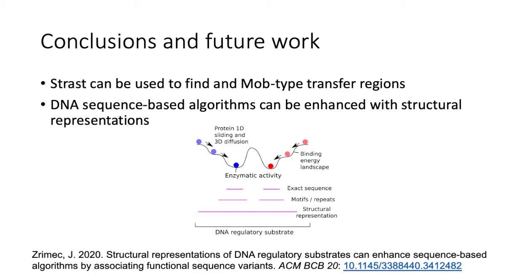For instance, one combined sequence and structure approach that is shown in the figure, and which is based on evidence of how proteins actually recognize and bind their DNA sites, is to use structural representations to locate the broad portion of regulatory regions and combine this with finding finer, more specific parts, such as motifs or inverted repeats, down to the very small, exactly conserved sequences, in order to increase the accuracy of locating or typing specific regulatory regions.